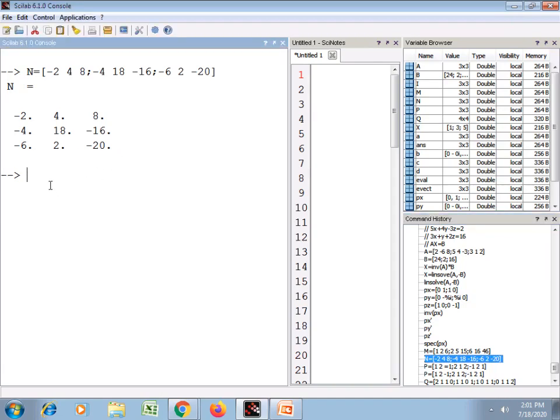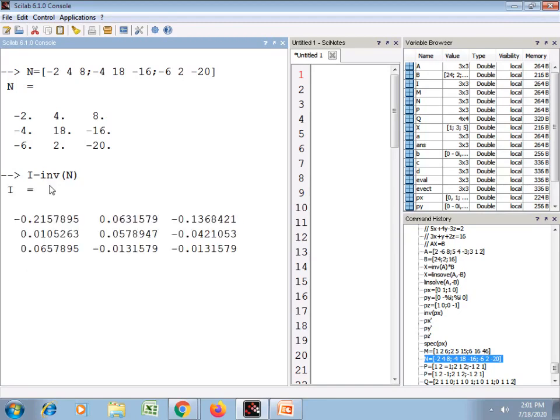Let us denote the inverse of matrix N by I. So I is equal to the command for getting the inverse of matrix N, inverse of N. It will give this value. So this is the inverse of matrix N. Let us verify that N into I is an identity matrix or not.